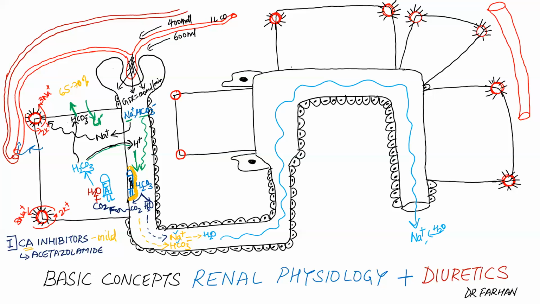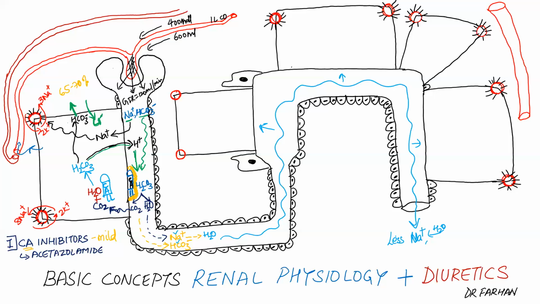But since the reabsorption of sodium is happening at the proximal convoluted tubule, and we have other areas also, like the thick ascending limb of loop of Henle, the distal convoluted tubule, and the collecting duct, the sodium that is excreted because of carbonic anhydrase inhibitors will be very little.